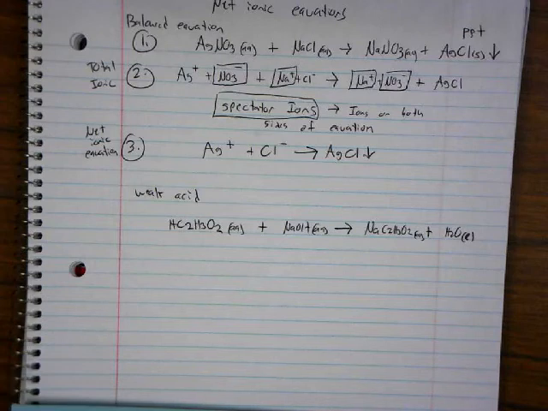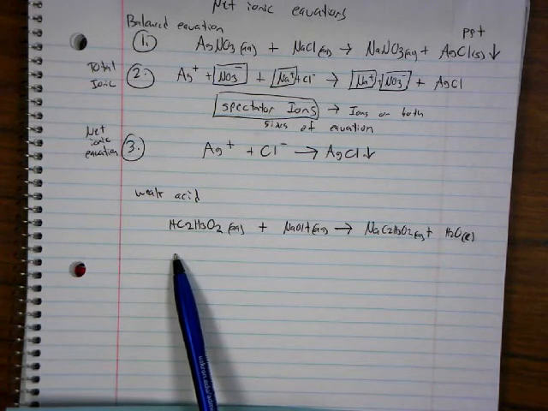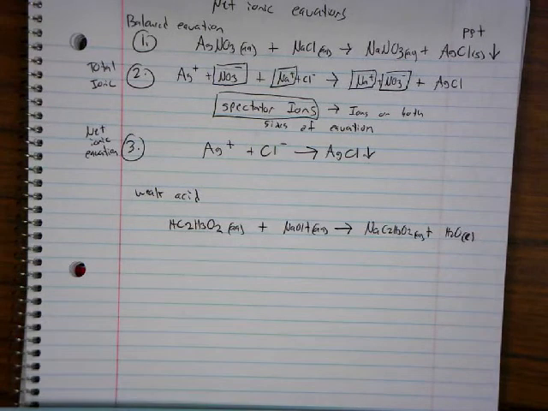This is AQ. Water. What is water going to be first state? Liquid. That's an L. Water's a liquid. Water's not going to break up. So I made water. There's my balanced equation. Next step is write my total ionic.